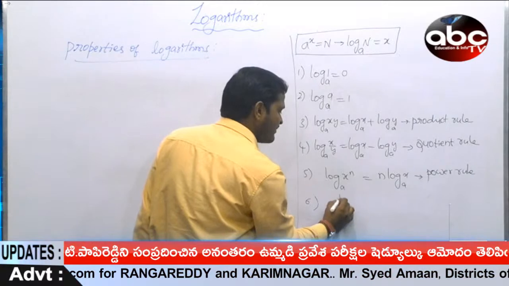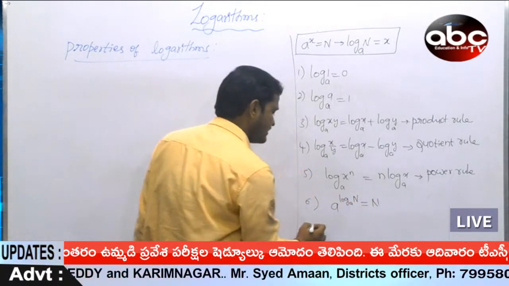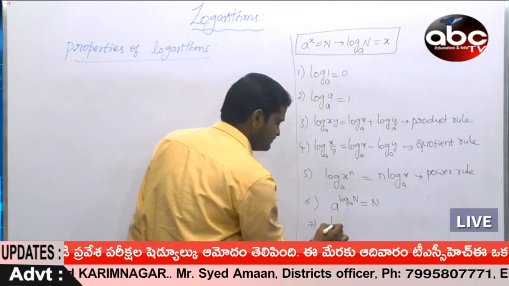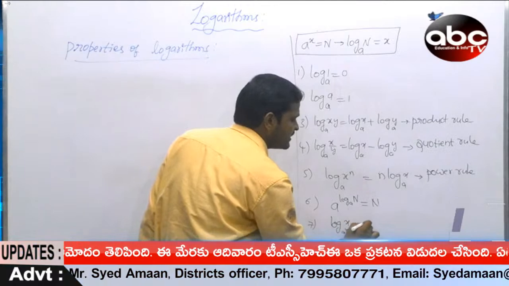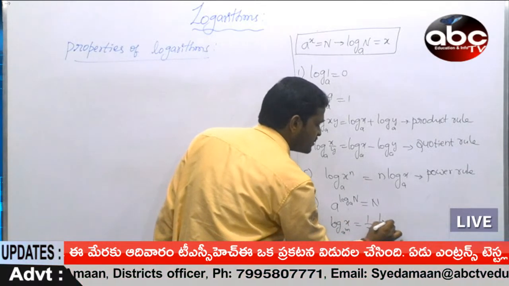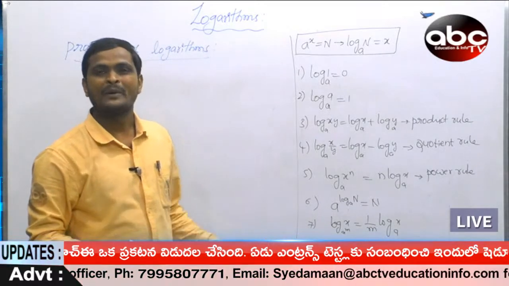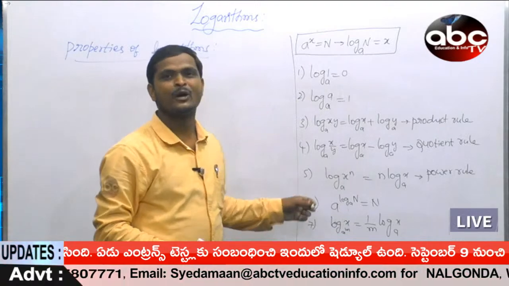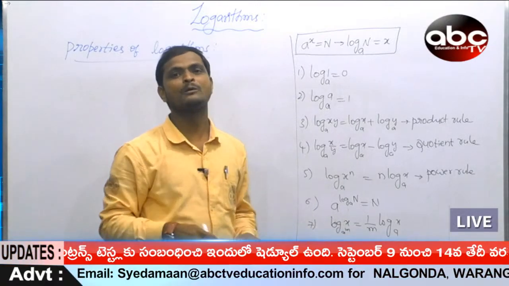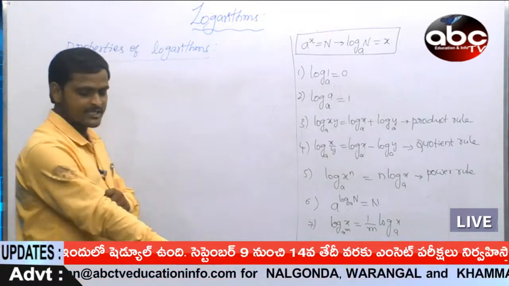Now a power log n base a is equal to n. Then last one, log x base a power m is equal to 1 by m into log x base a. These are the properties of logarithms. Based on properties, now we will solve some example problems or exercise problems, right?